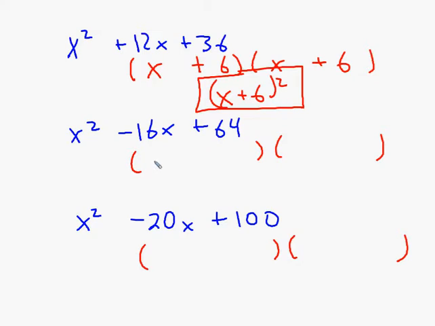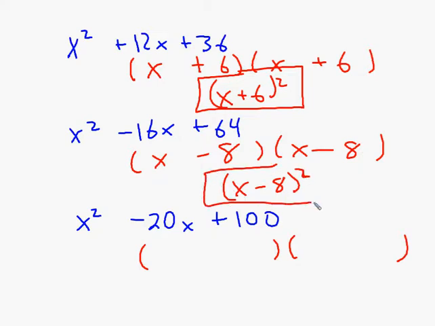How about Reagan? x minus 8 and x minus 8. Yep, which we can box. I won't mark it wrong if you leave it like that. Well, we could write it like this with a little square. And someone else, perhaps Alexis, the last one. x minus 10, x minus 10.